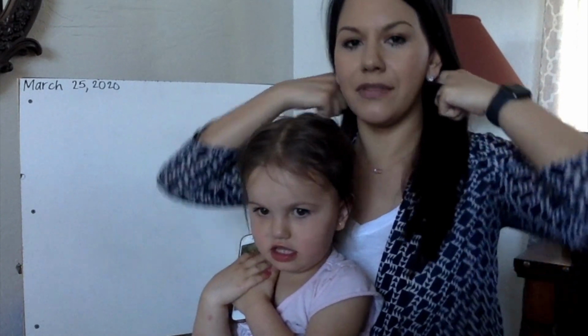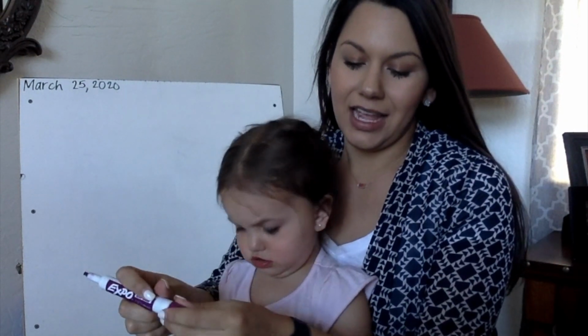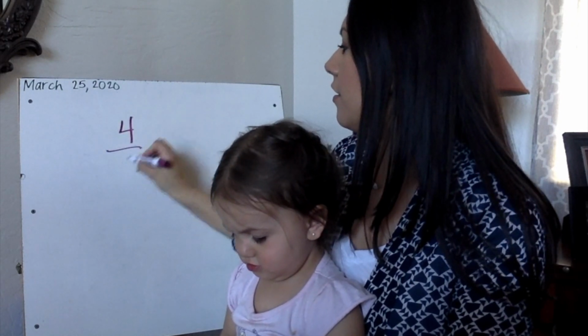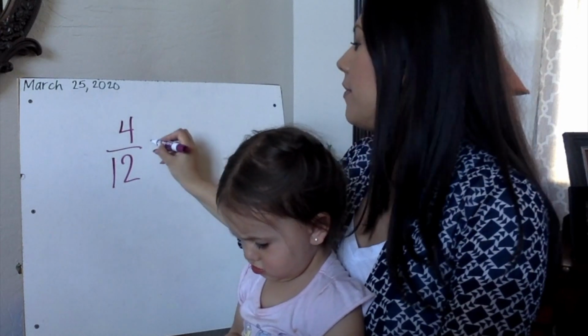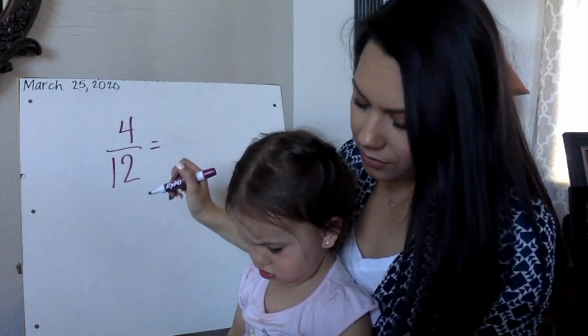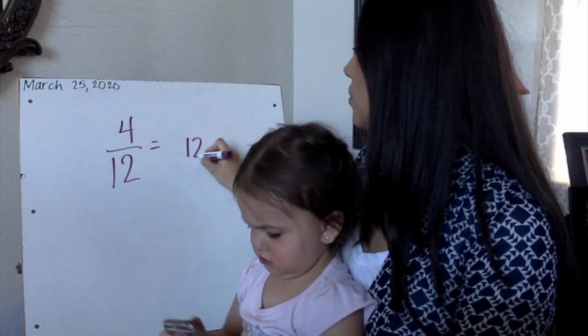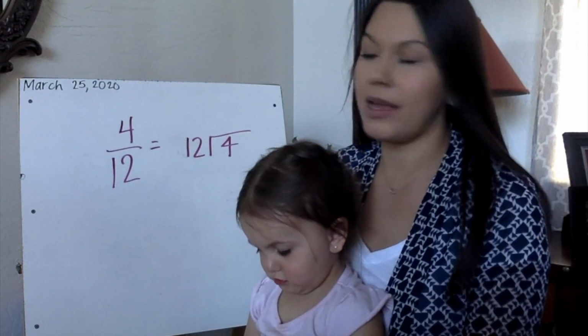And I wanted to go over a couple things before we dive into dividing fractions. If I have the fraction 4/12, this is the same as 12 divided by 4. Okay.